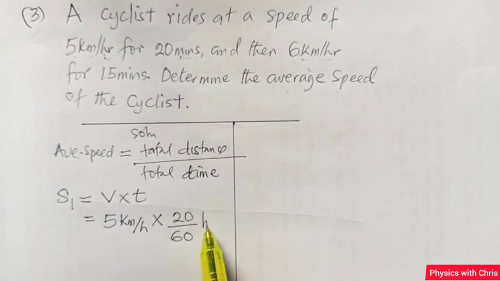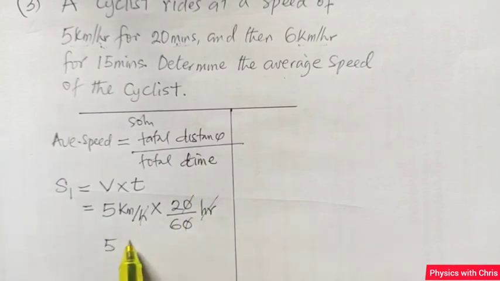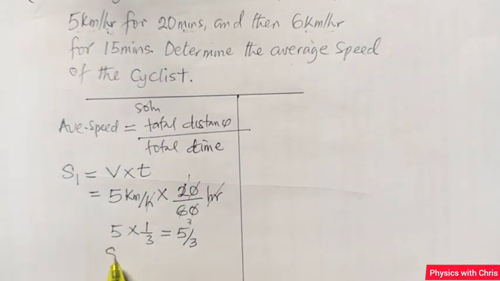As I'm working this out, this cancels this, and then 0 cancels 0. That gives me 5 times 2 over 6, which is 5 over 3. That gives me distance S1 as roughly 1.7 kilometers to one decimal place.